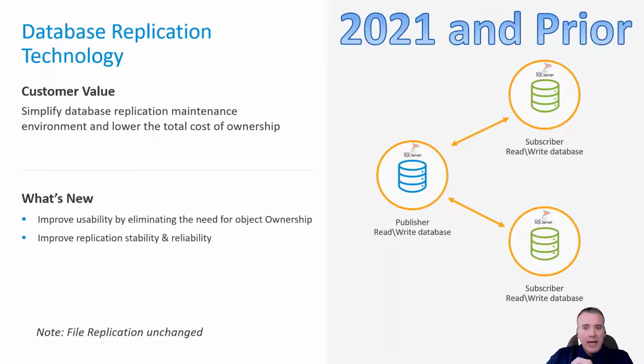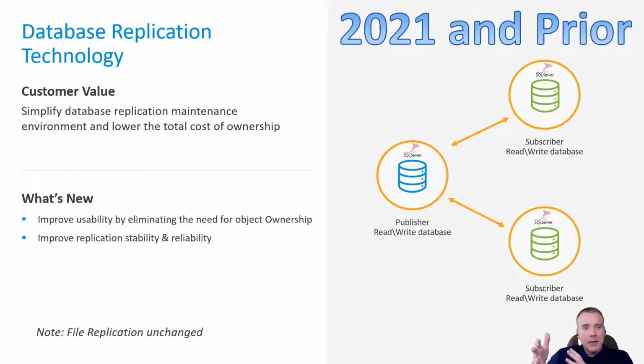So if you were connecting to a subscriber site, you could modify data in that local database that would then get replicated and merged into the primary, or what we call the publisher. And that presented a whole bunch of problems.